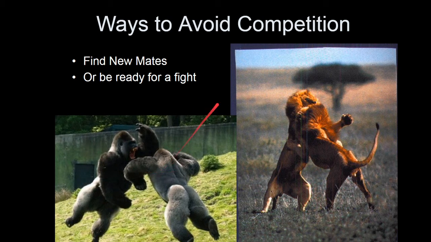Because, all right, side tangent. A chimpanzee is 8 times stronger than an adult human male, pound for pound. I am fat, so I weigh 250 pounds. Now, if you divide 250 by 8, that means that a 30-pound chimpanzee would be roughly my equal in strength.